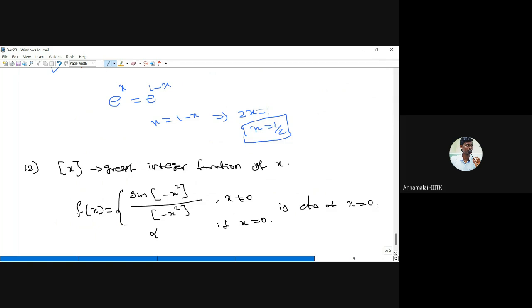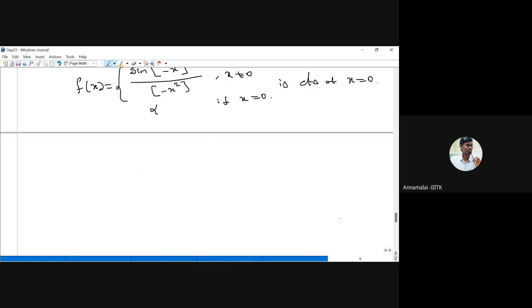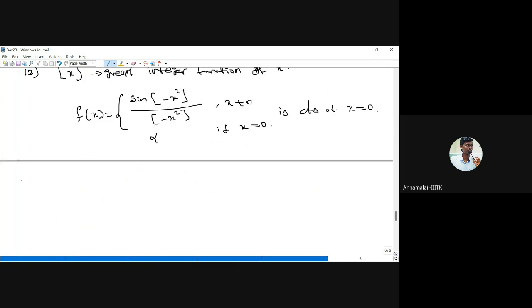Then what is the value of alpha? For what values of alpha is the function continuous at 0? The options are: first option is 0, second option is sine of minus 1, third option is sine 1, and the last option is 1.